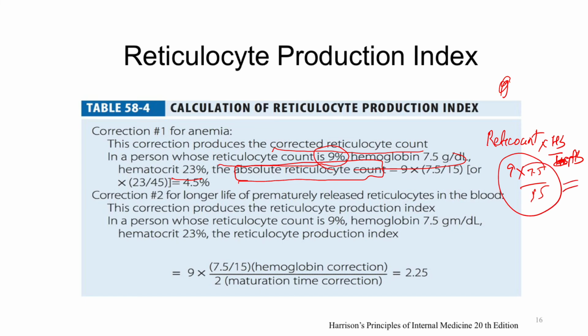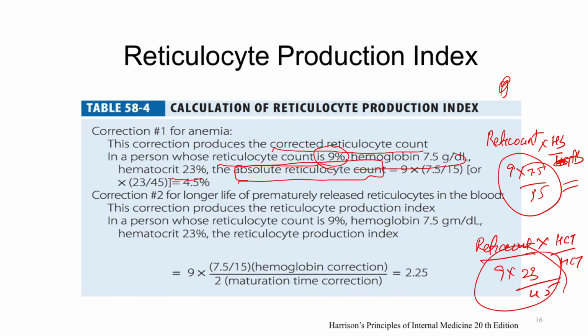If we are given only the hematocrit of the patient, then again we do it like this: retic count of the patient multiplied by the hematocrit of the patient divided by the normal hematocrit. So here the retic count is 9, the hematocrit is 23%, and the normal hematocrit is 45.